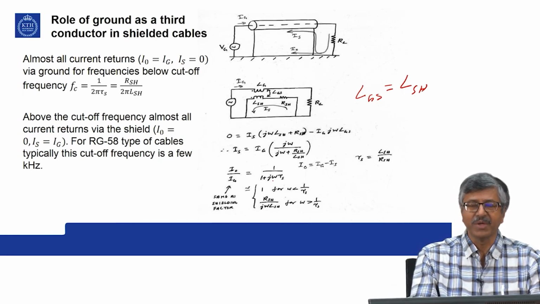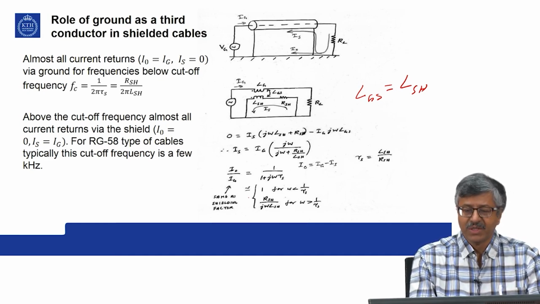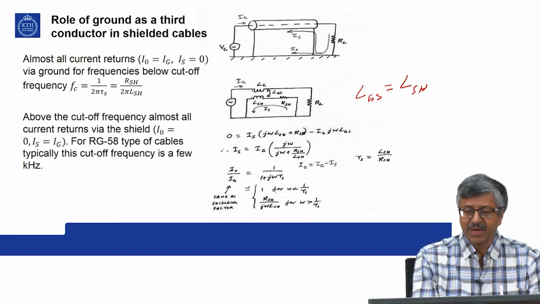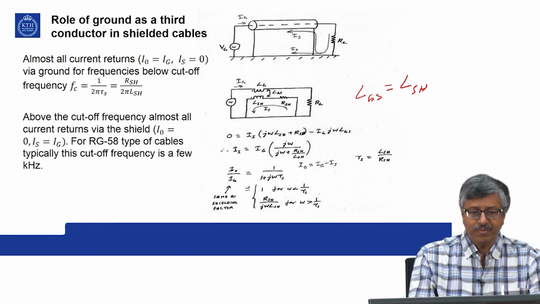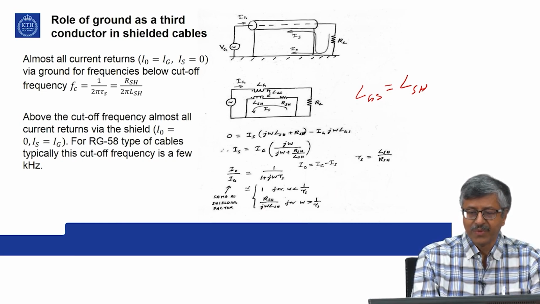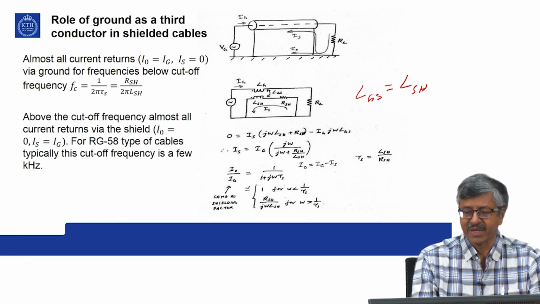Now, you can have two conditions. This will be approximately equal to 1 if omega is far less than 1 by tau s, when this part is almost negligible. And this will be equal to 1 by j omega tau s, or RSH by j omega LSH, for omega far greater than 1 by tau s.